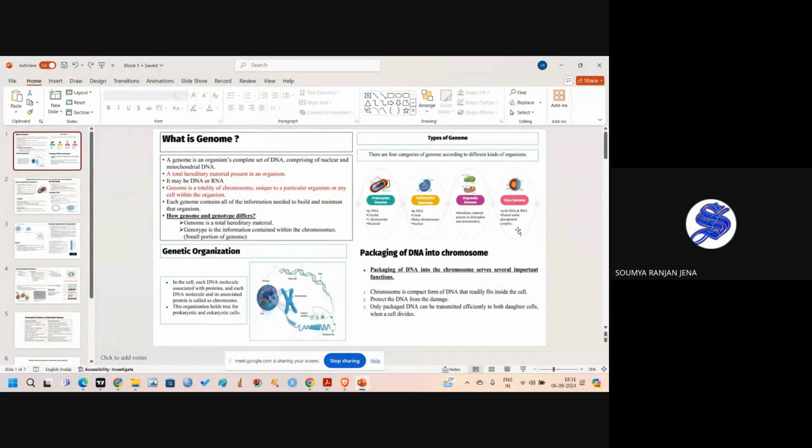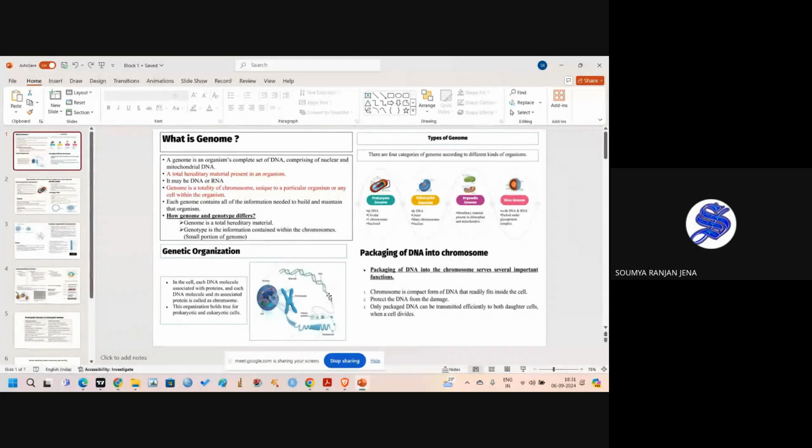Then how is this genome packaged inside the cells? The packaging of DNA into chromosomes serves several important functions. Chromosome is a compact form of DNA.